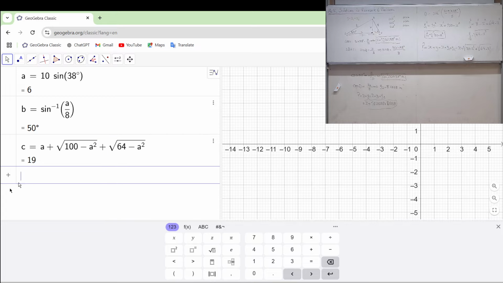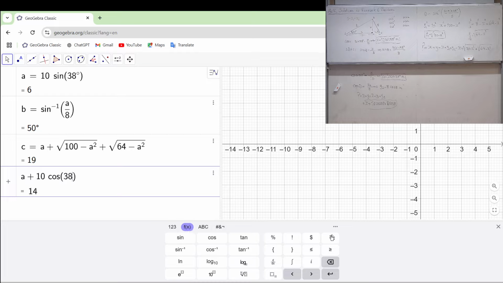So what should I type here now? X is, what is in my notation? A plus, that is just typing 10 cosine 38 degrees, yes? No, it's a cosine. That one, X is sine, don't get confused. And then plus 8 cosine of what?